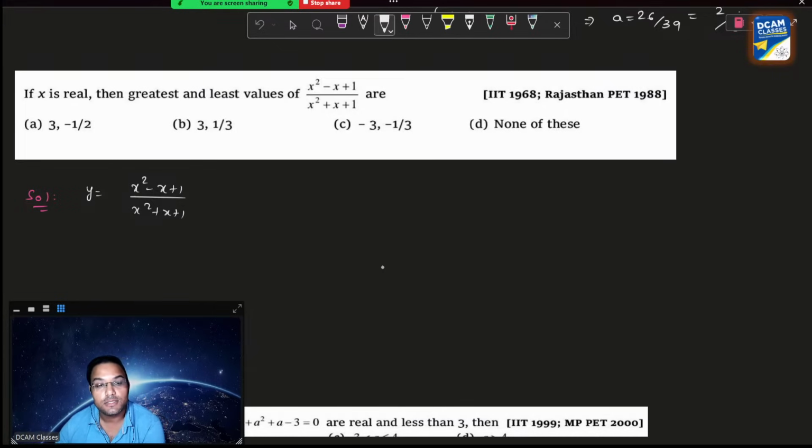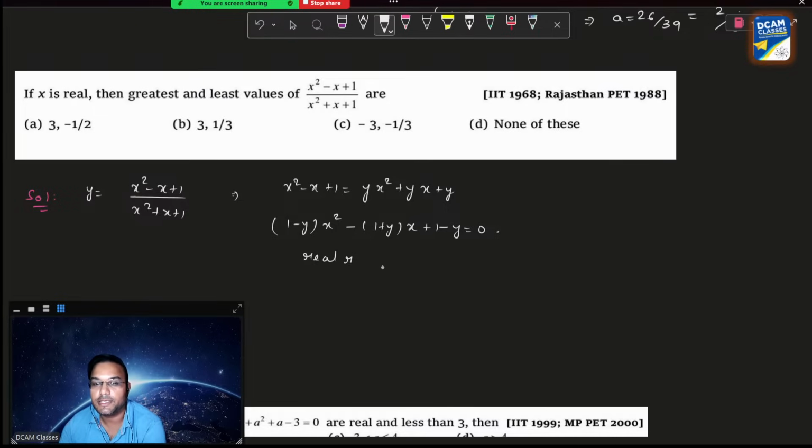Okay. So for that, we can write this equation as x square minus x plus 1 is equal to yx square plus yx plus y. So 1 minus y into x square minus 1 plus y into x plus 1 minus y is equal to 0. Now see, this equation should have real roots.